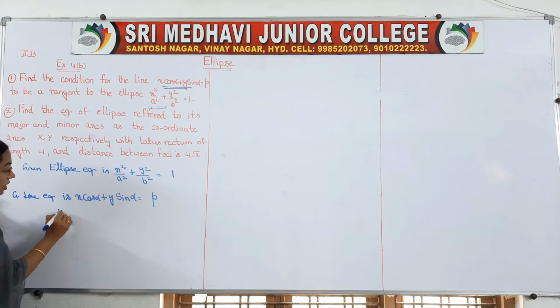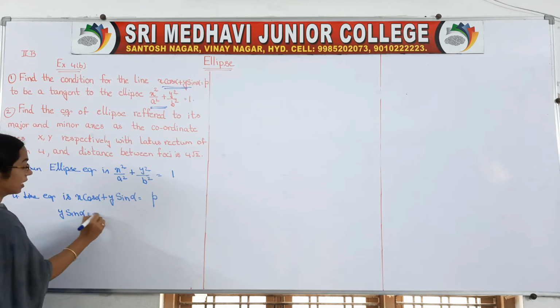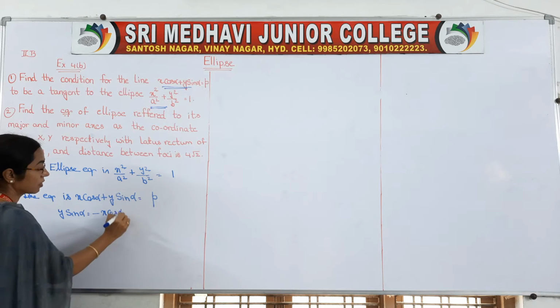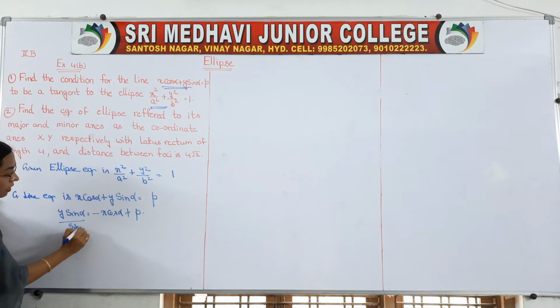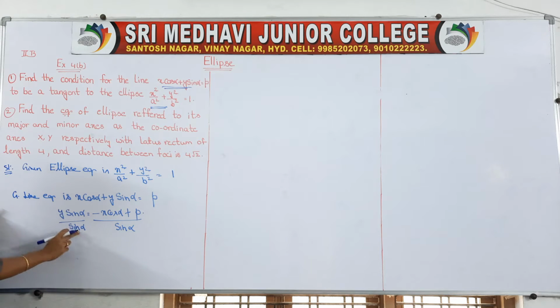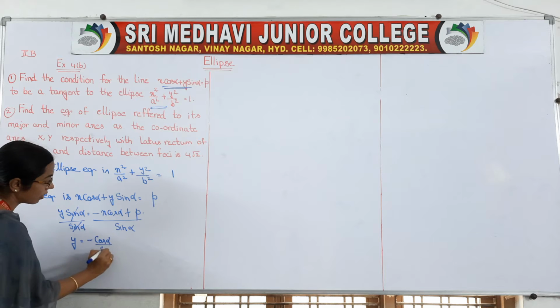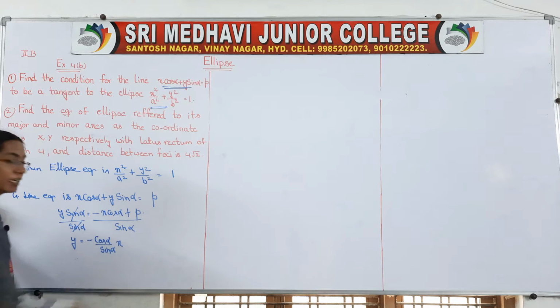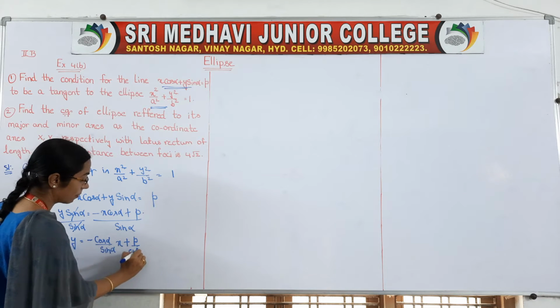So how we will reduce it? Y into sin alpha is equal to, sending x term that side, minus x cos alpha plus p. Okay. So next only y should be there, so dividing both sides with sin alpha. Okay. So write separately, sin alpha cancel, y is equal to, here we can write this as minus of cos alpha by sin alpha into x plus p by sin alpha, right.